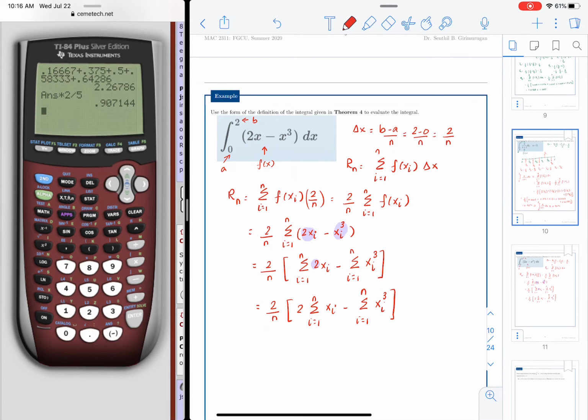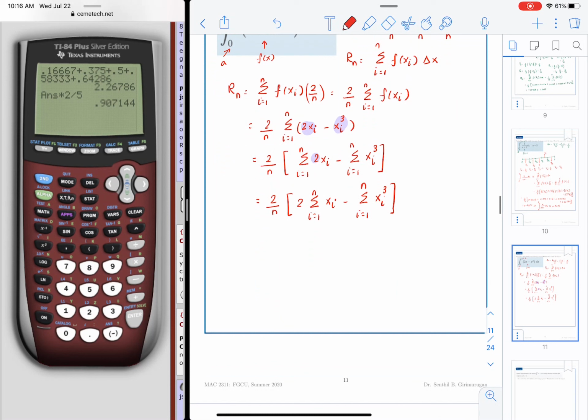Now the key to note here is how we come up with xi. If you recall, xi is defined in terms of a, the initial value, plus i times delta x. And that's just how we increment it.